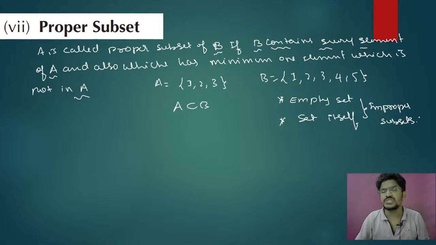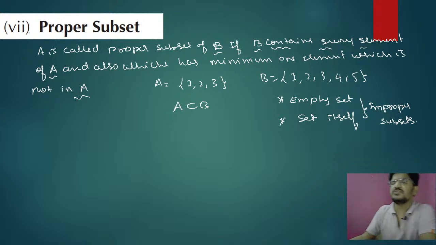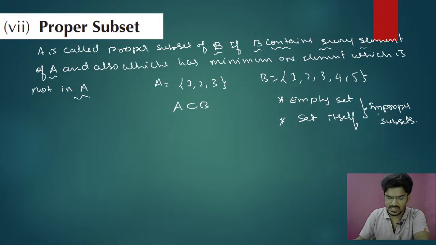All the remaining subsets are called proper subsets. Are you getting my point? Most of the time they ask in the exam, give me the number of proper subsets, give me the number of improper subsets, like that. So be very careful. The empty set and the set itself are always improper subsets.